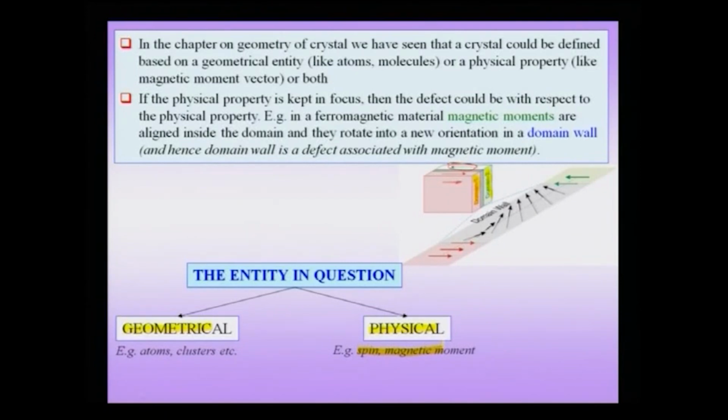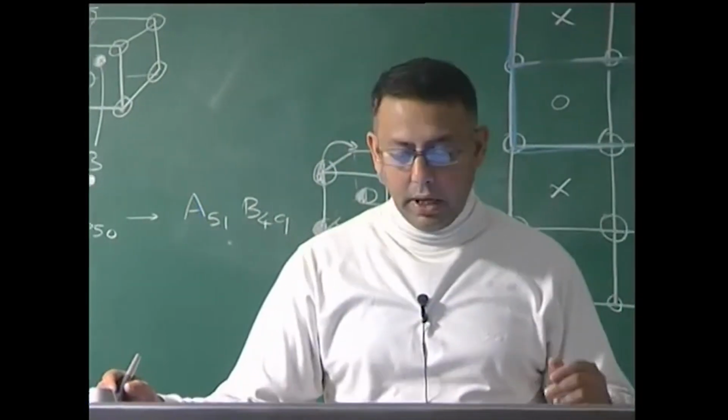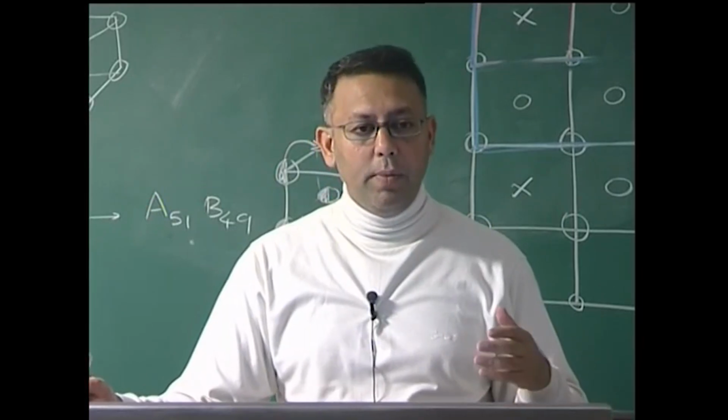Therefore, when I am talking about defect classification based on a physical property, we come across other kinds of defects which are normally not dealt with when I am talking about the atomic or geometrical entity, and the example I have considered here is what is called a magnetic domain wall.